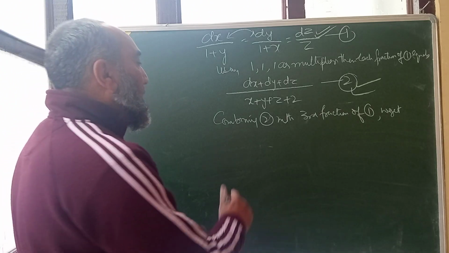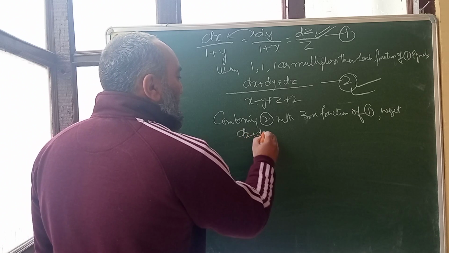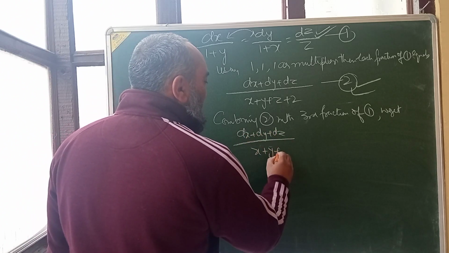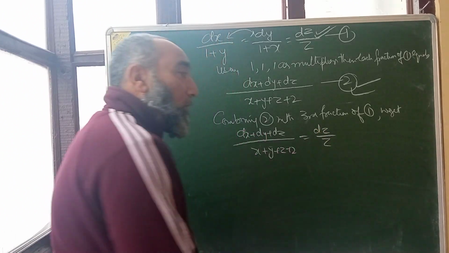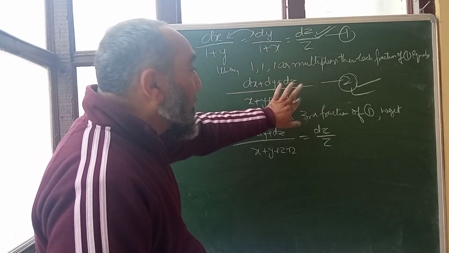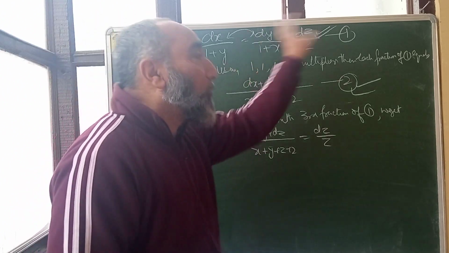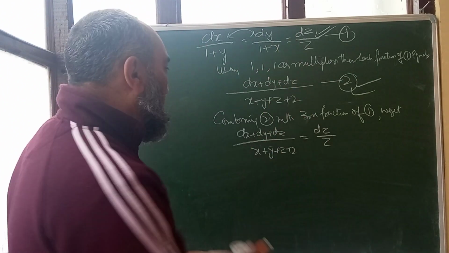So I have taken that, I will get (dx plus dy plus dz) by (x plus y plus z plus 2) equal to dz by z. You see, instead of 3 fractions, you have 4 fractions because each fraction is equal to this. So in fact, you are taking the third and fourth fraction together.